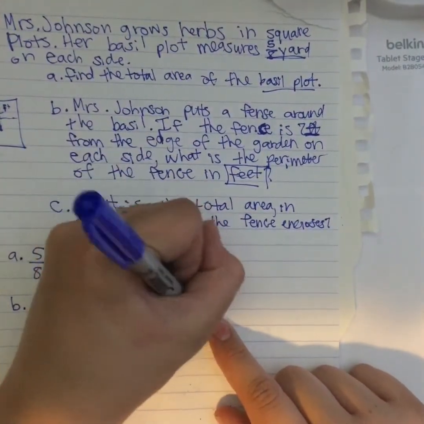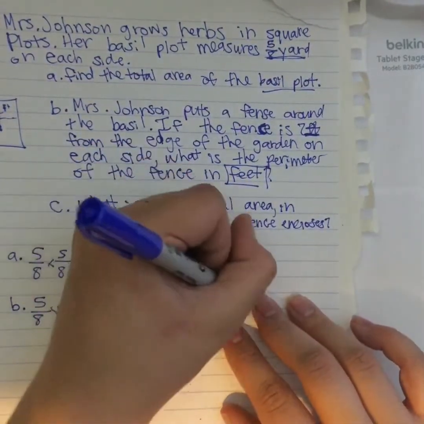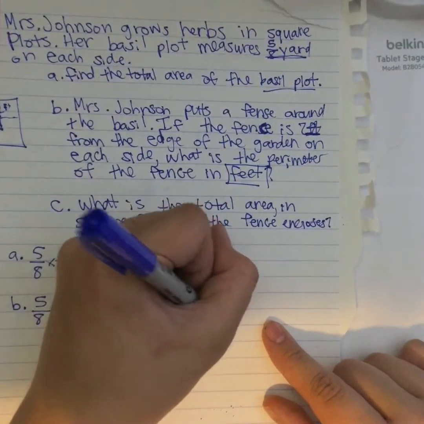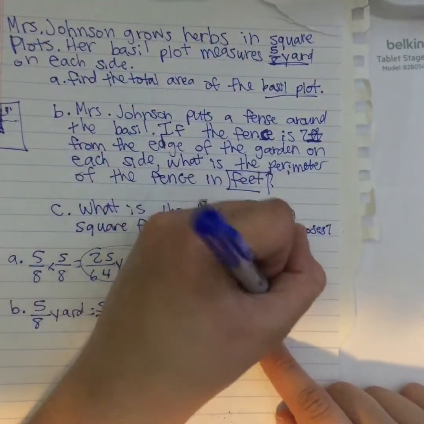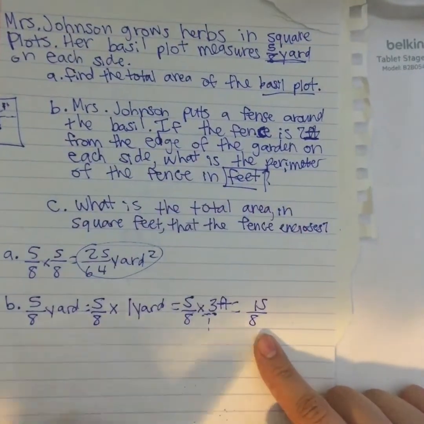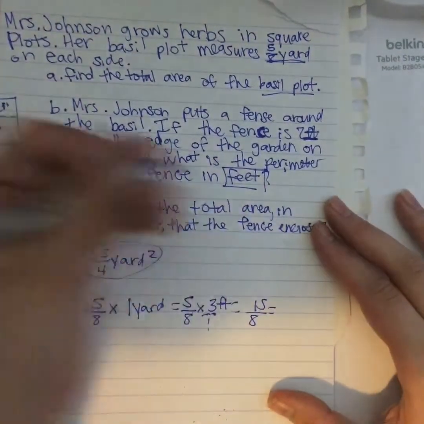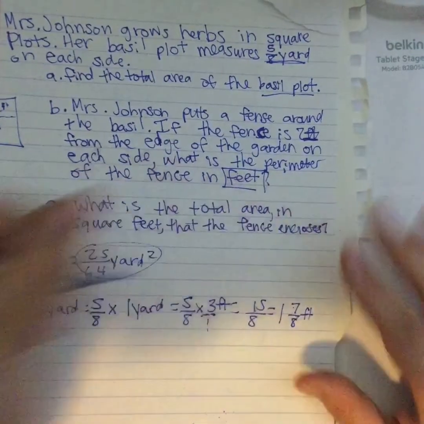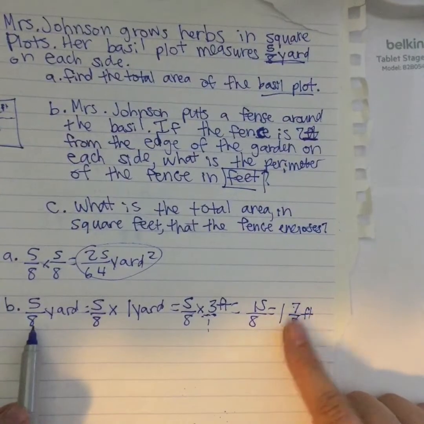That ends up being 5/8 times 3 feet, which ends up equaling, remember there's a little invisible 1 down there, 5 times 3 equals 15/8. And if we broke that down into a mixed number, we would get 1 7/8 feet. So our 5/8 of a yard is equal to 1 7/8 feet.